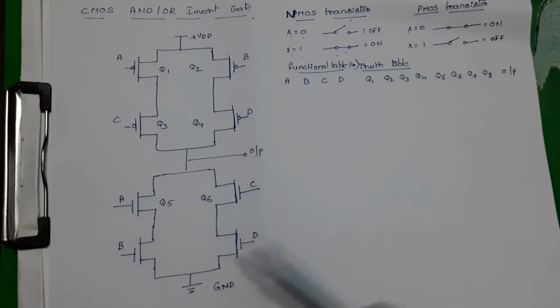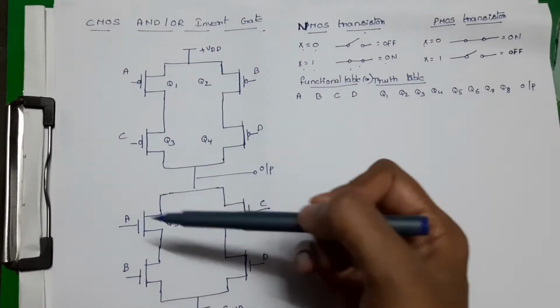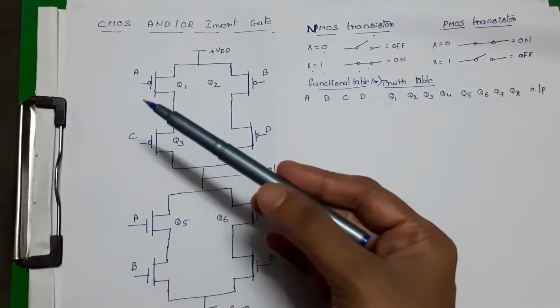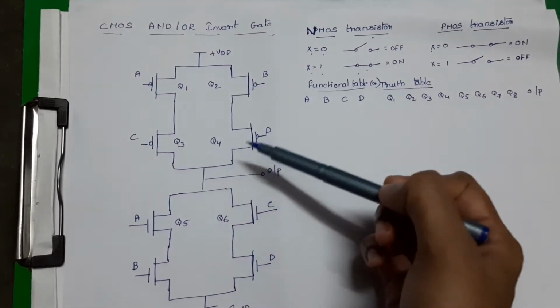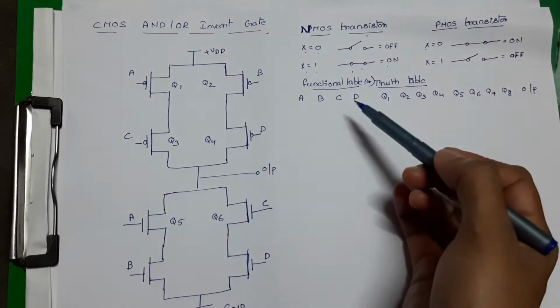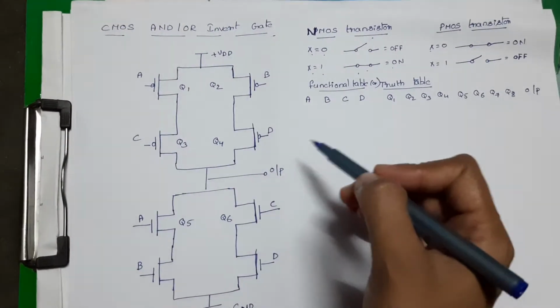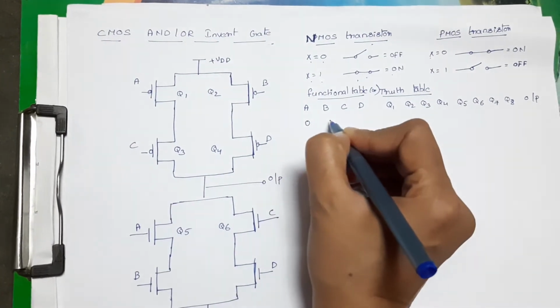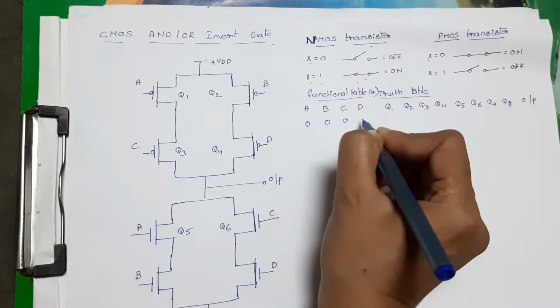So see here, this is the 4 input CMOS AND-OR-invert gate. How many inputs do we have? A, B, C, D. So I have taken the A, B, C, D inputs. For the 4 input combinations, what is the first combination of inputs? 0, 0, 0, 0.